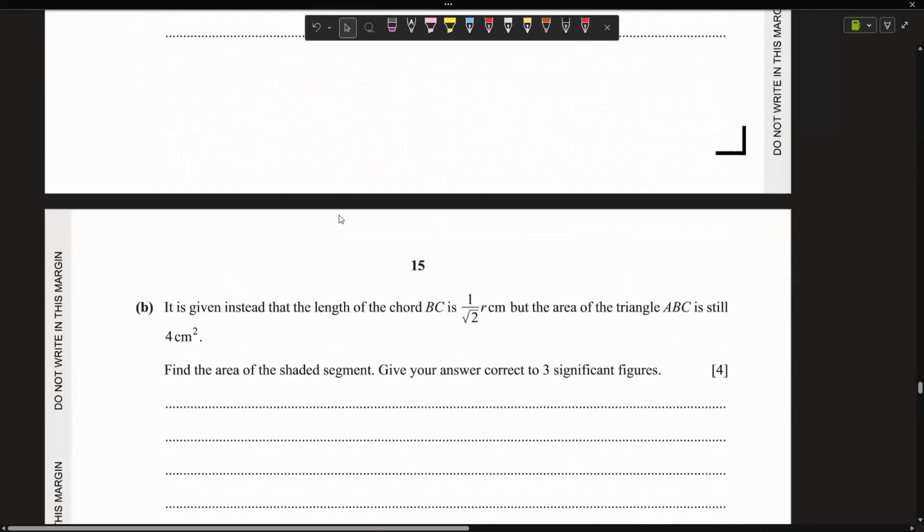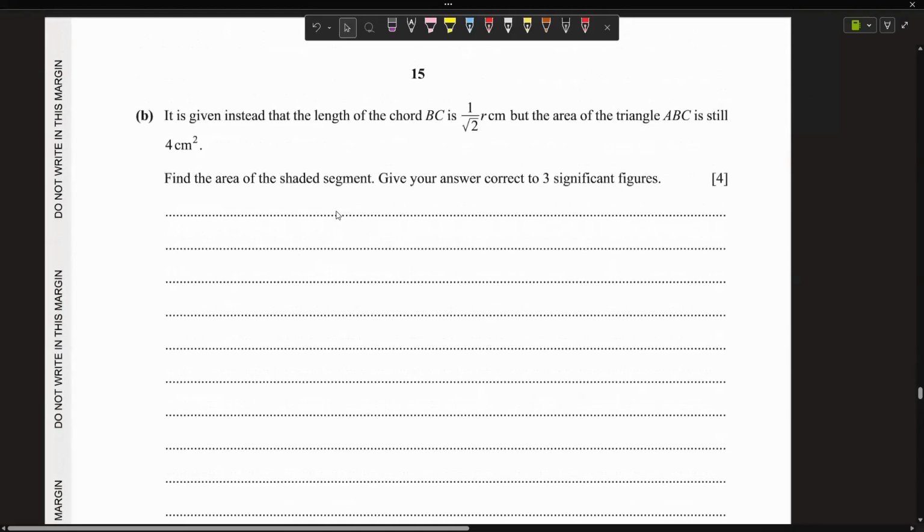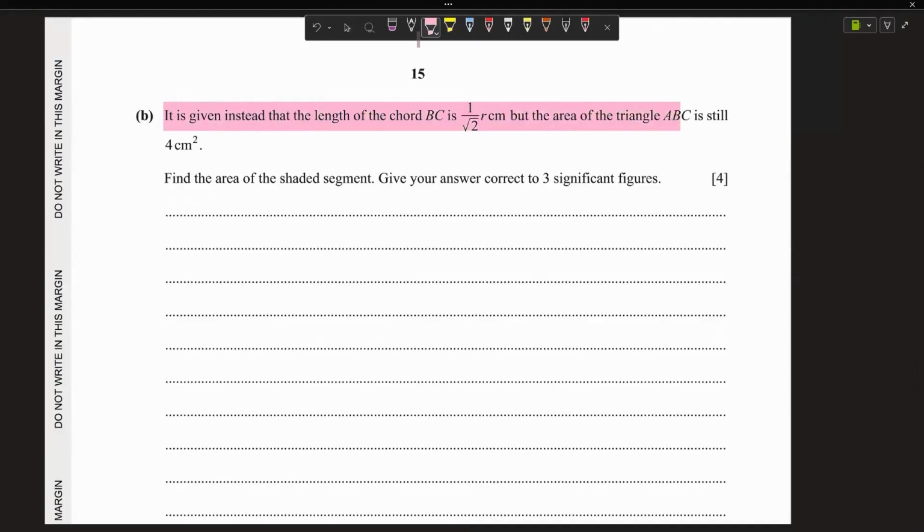Let's go to B. On part B, they say it is given instead. When they say it is given instead, it means that what we used in part A no longer holds. What holds now is the condition that the length of the chord BC is 1 over root 2 R centimeters. This color seems a bit deep for me. Let me use my usual yellow.